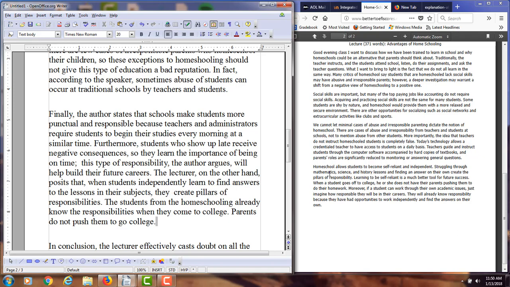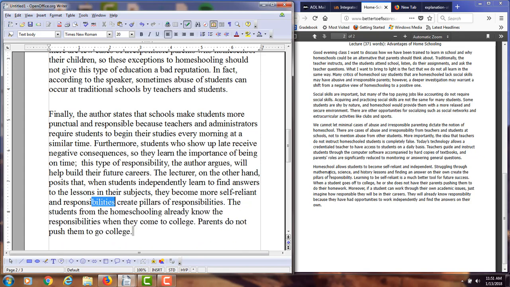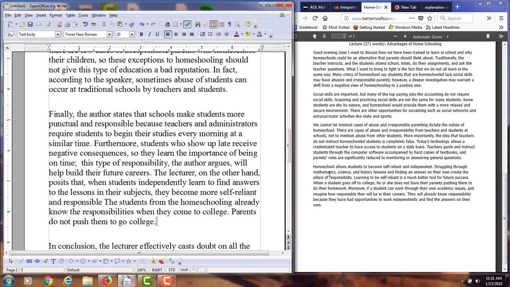You say they become more self-reliant and responsible. I would just say it like that. So they become more self-reliant and responsible.